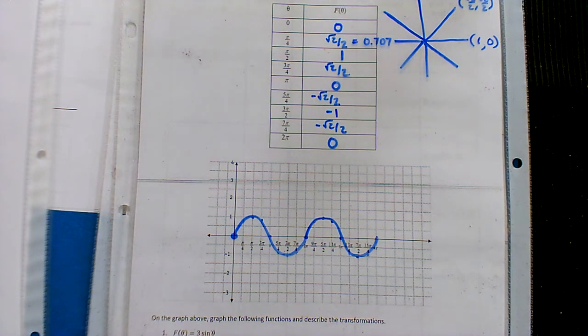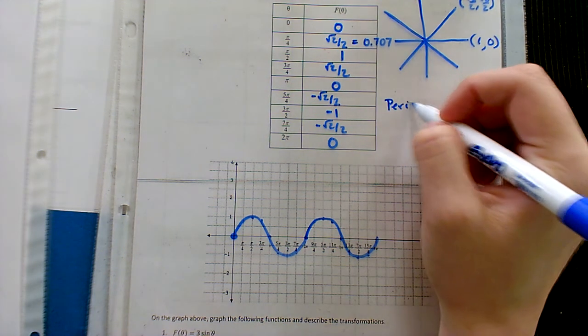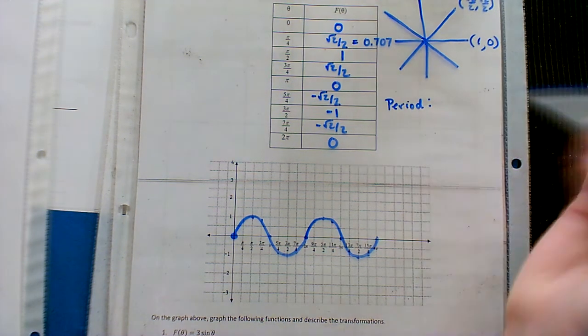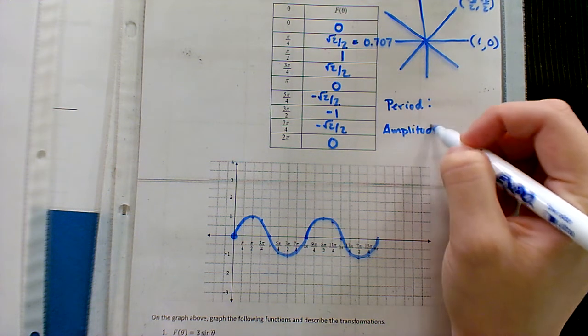You could keep going if you wanted to. It's going to continue forever. All right, so if this is a periodic function, we should be able to determine the period of a sine graph and also the amplitude.